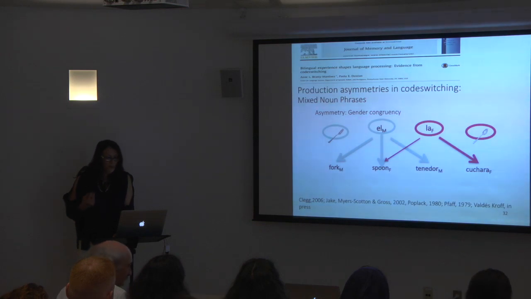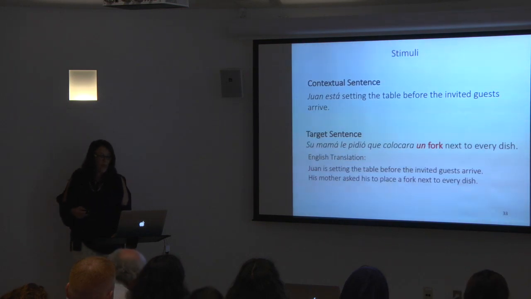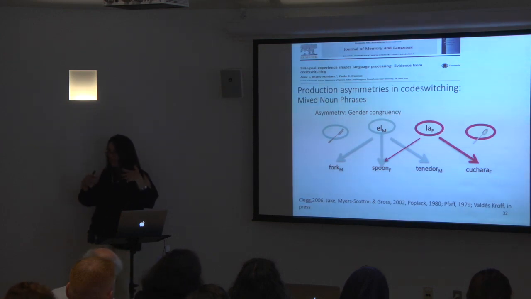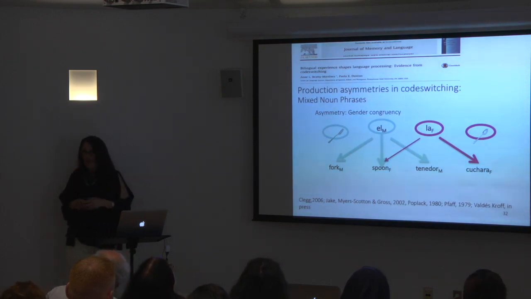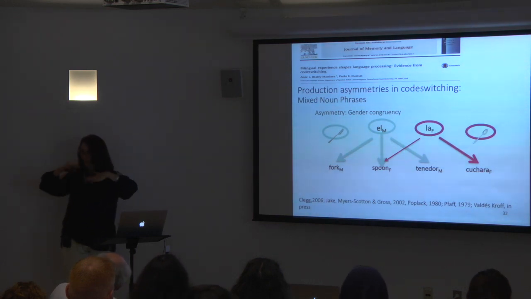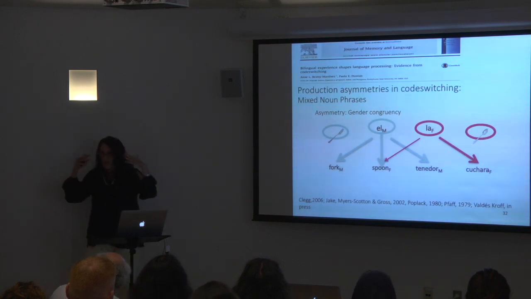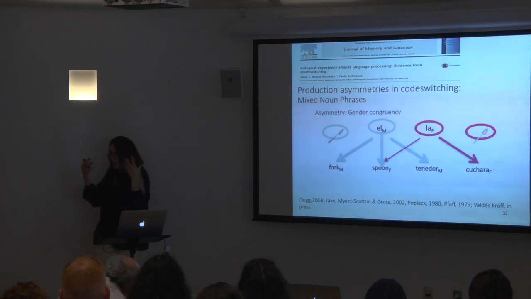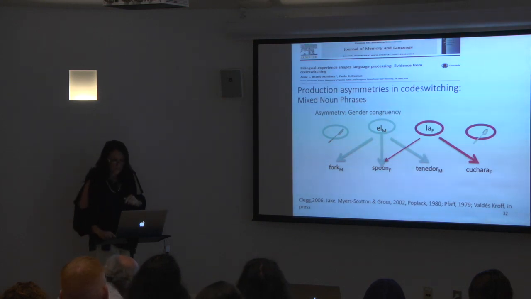All right. So in this particular study, what we really wanted to look at was, we've seen studies that look at behavior, and we've seen that, in fact, bilinguals are sensitive to this type of asymmetries. The question that we had was, does the brain tune to this type of asymmetries?